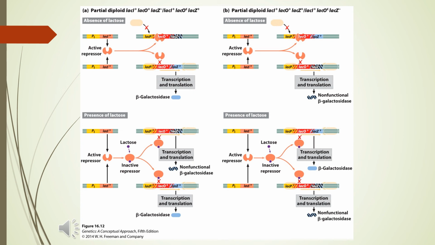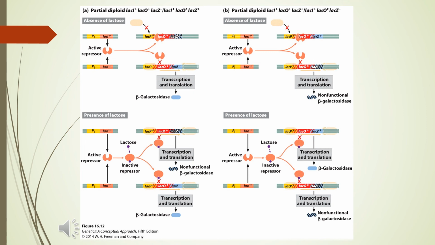The next example is the partial diploid lac I plus O plus Z plus, I plus O C lac Z minus. In the absence of lactose, active repressor will be produced by the regulator gene.